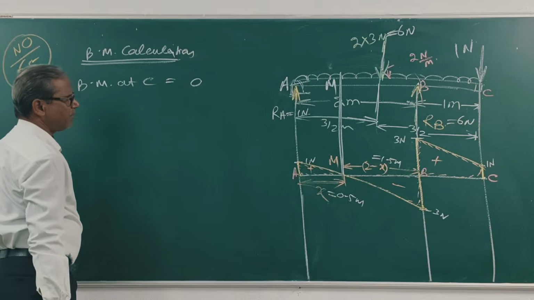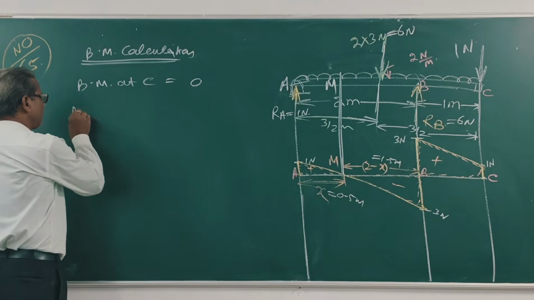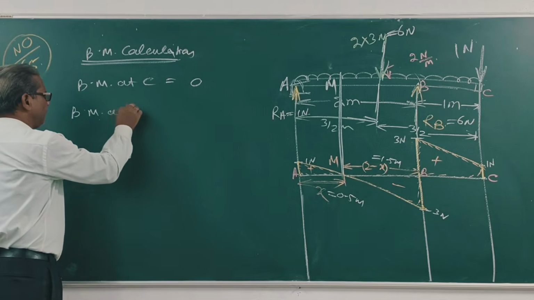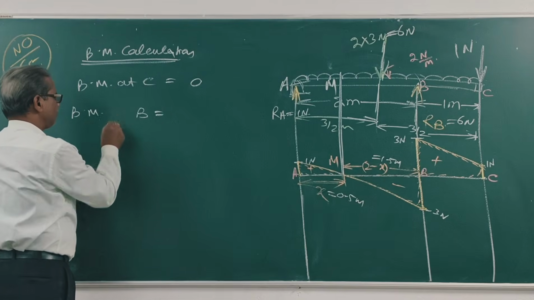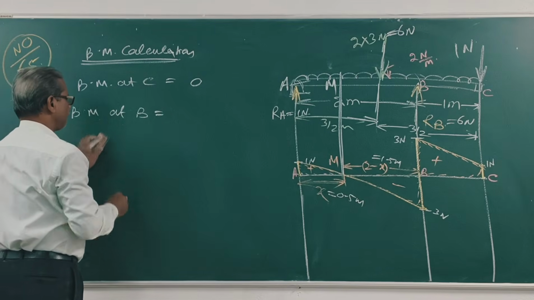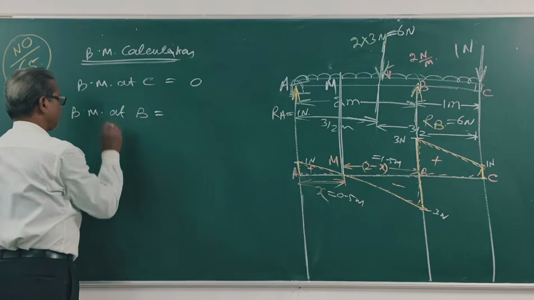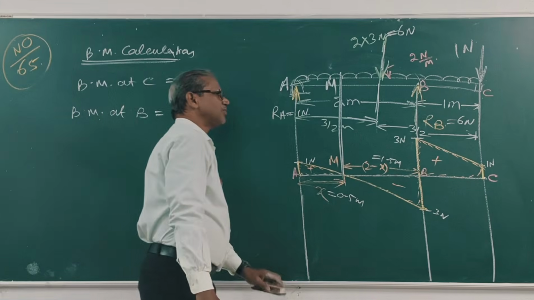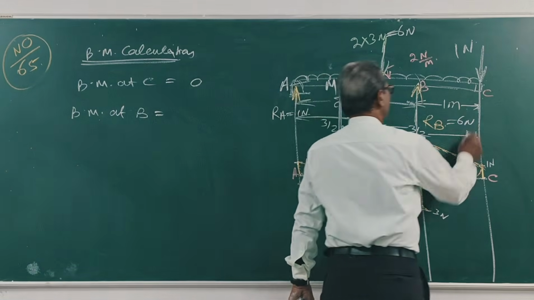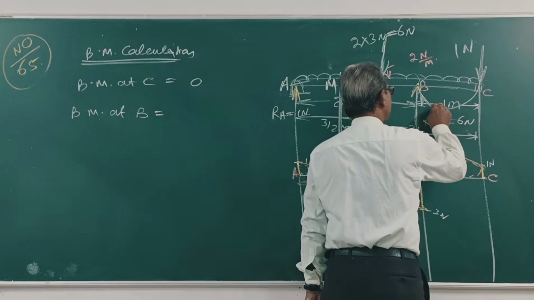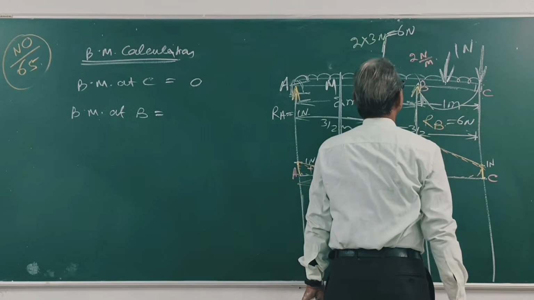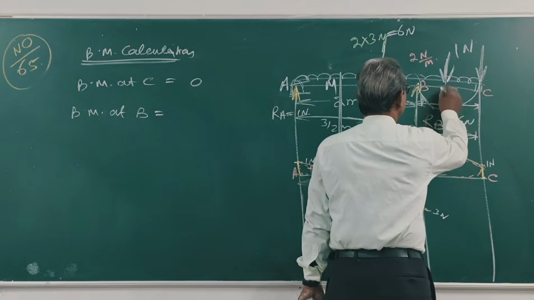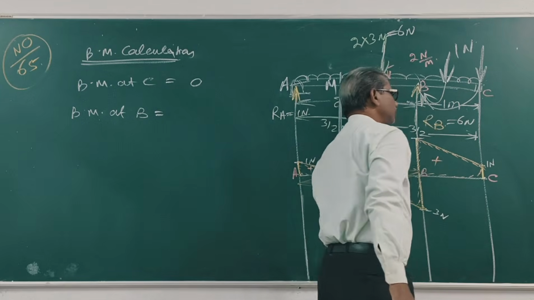Clear? At B, BM at B is minus 1 into 1 minus 2 into 1 into 1 by 2.